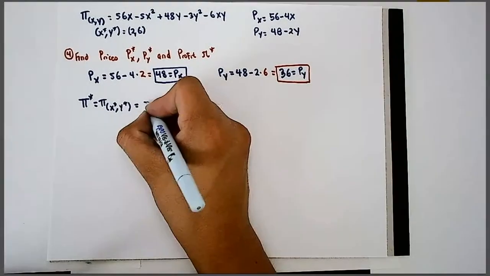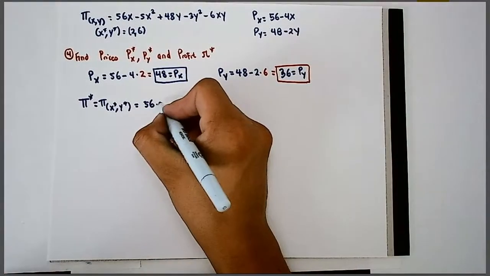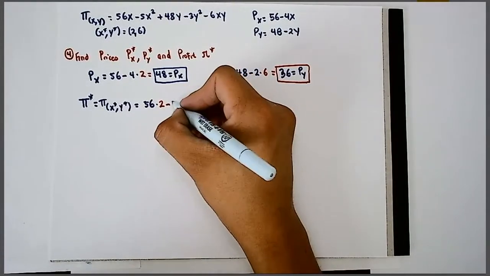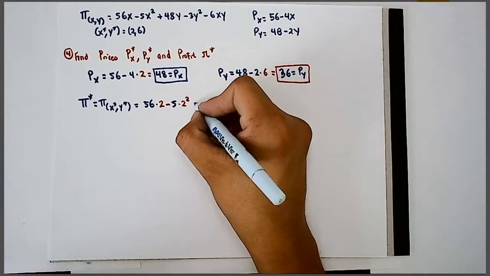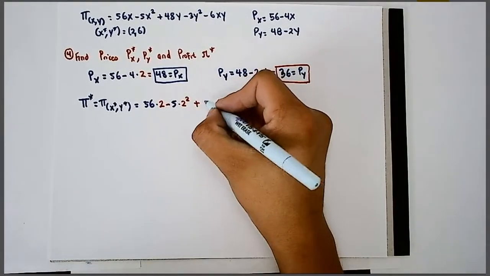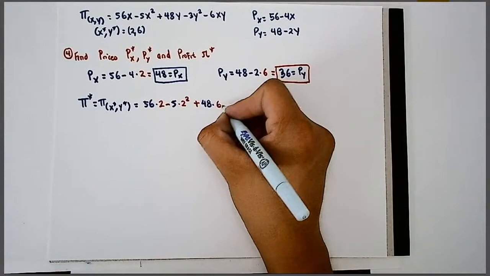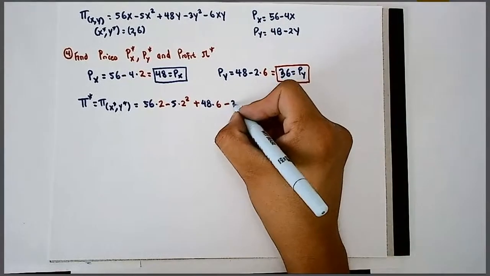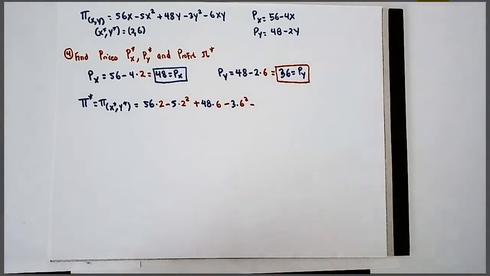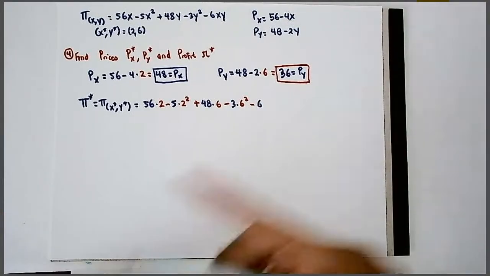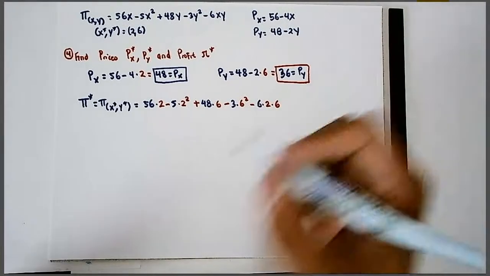So here we have 56 times, in this case, the optimal X, which was equal to 2, minus 5 times 2 squared, plus 48 times the optimal Y, which is 6, minus 3 times 6 squared, minus 6 times X, which is 2, and Y, that is 6.